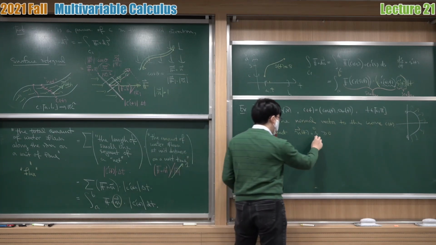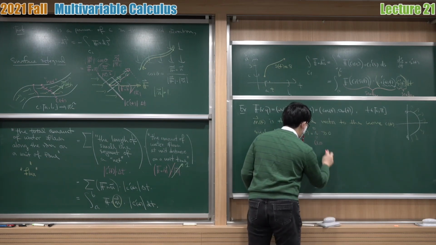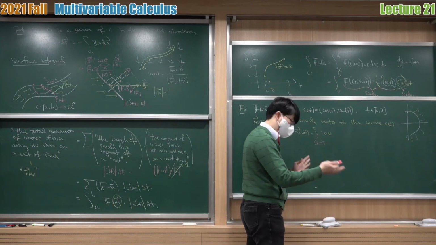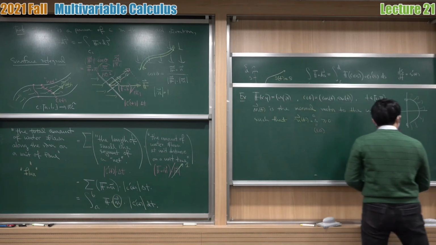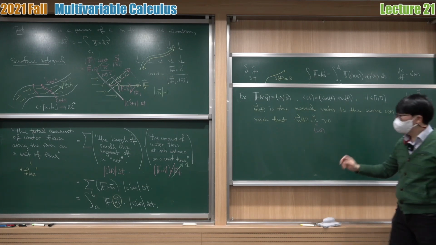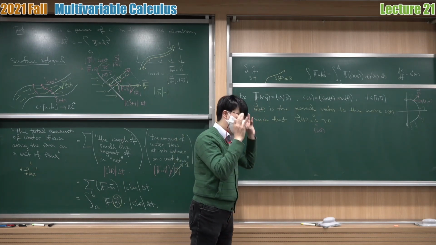Remember that i is (1, 0), because we are talking about the two-dimensional space, so we just take i as (1, 0) here. That means if I take an inner product of this normal vector with (1, 0), I always get a positive inner product, which means the angle is less than pi over 2, right? So we know that this N is the eastward direction. Whenever you try to find the flux, this normal direction has to be mentioned clearly.